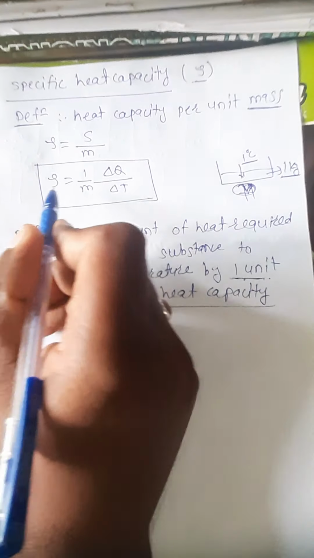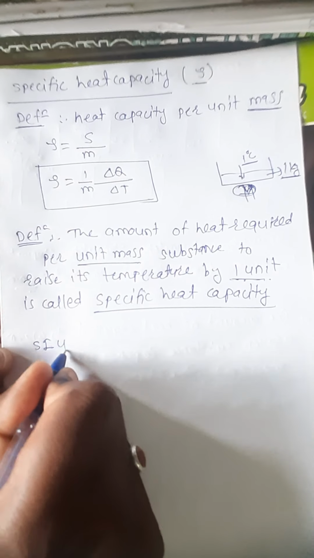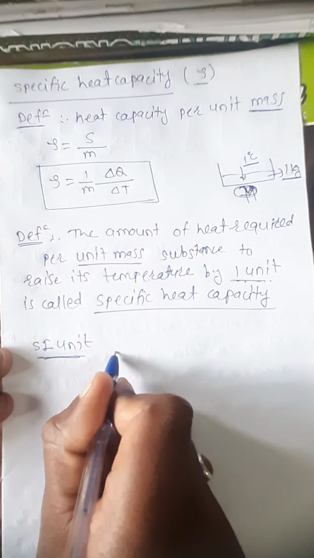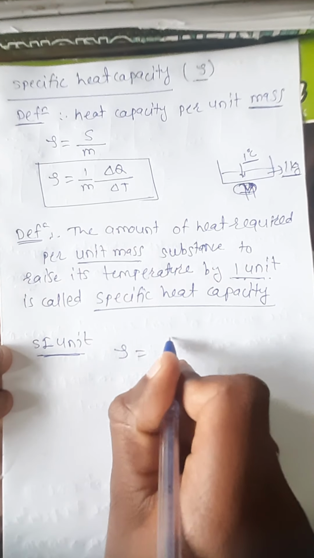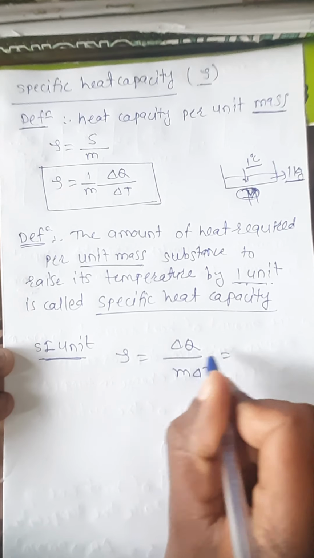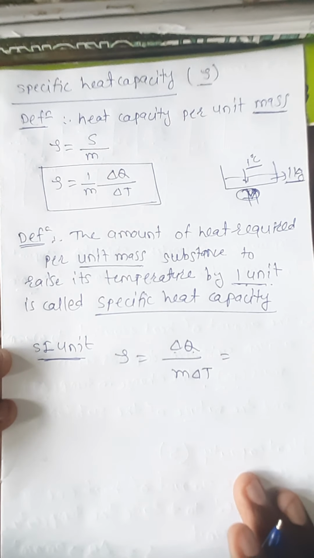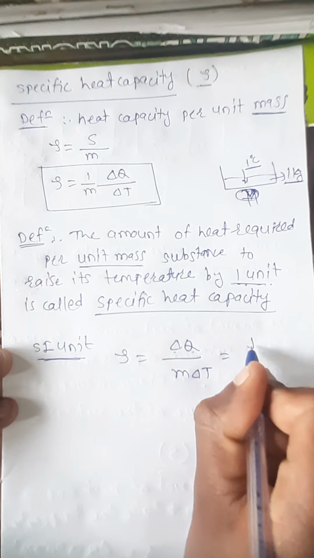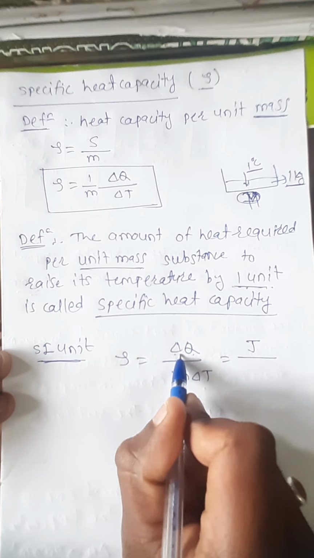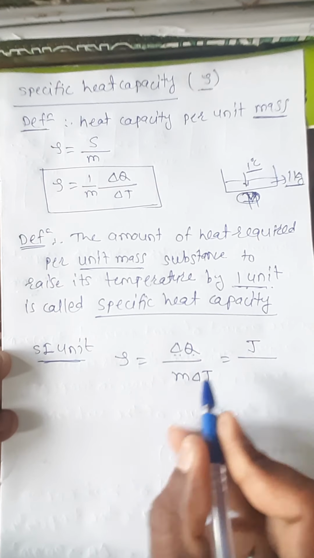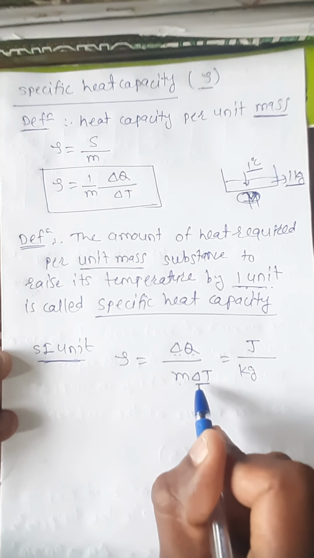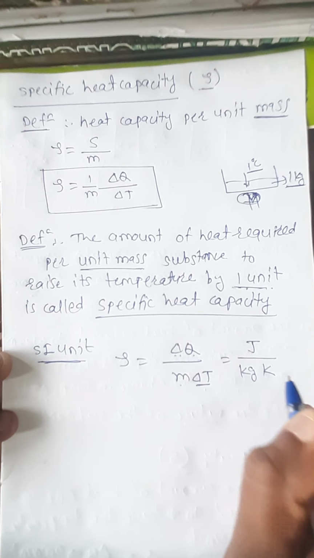And its SI unit. What is the SI unit of specific heat capacity? You know that specific heat capacity means delta Q divided by m into delta T. Delta Q means the amount of heat, which can be measured in terms of joule, and mass in terms of kg, and the change in temperature delta T in terms of Kelvin.